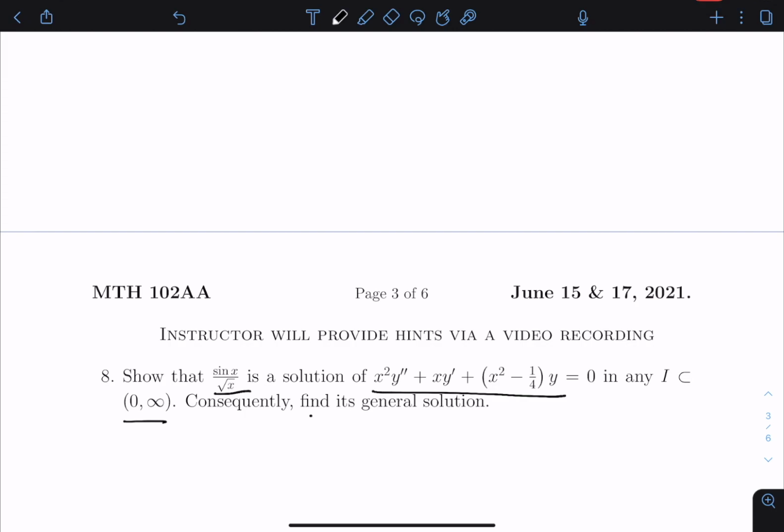We need to find its general solution, which means we are given an ODE and one of its solutions, and we have to find its general solution. Since it's a second order ODE, if we find a linearly independent solution corresponding to the given solution, then the span of those will be the general solution. Okay, so let's do that.